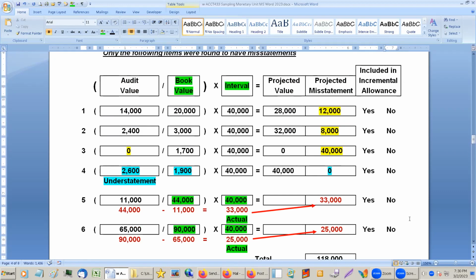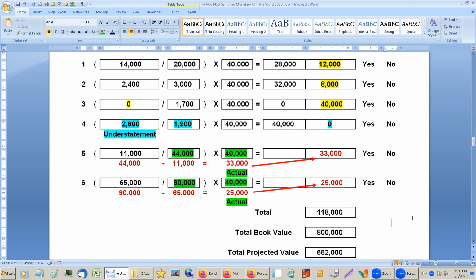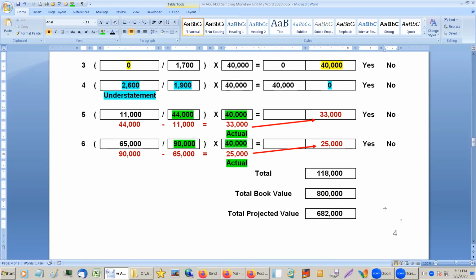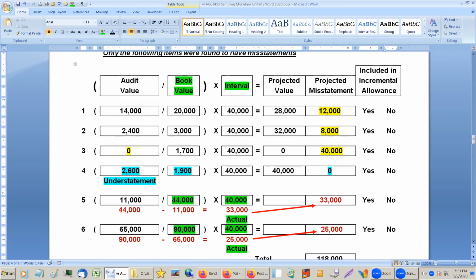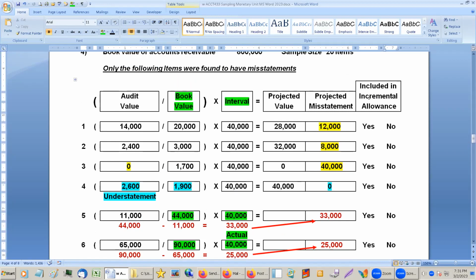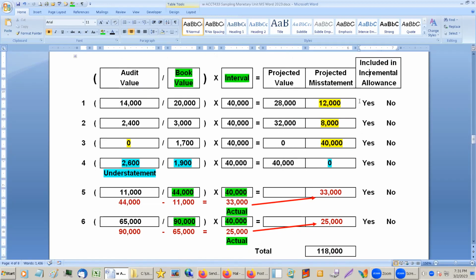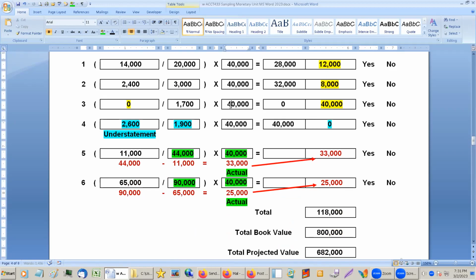Okay, now incremental allowance. And this will make more sense when we look at this later. But the incremental allowance means that there could be more things wrong with a given interval than what we found.